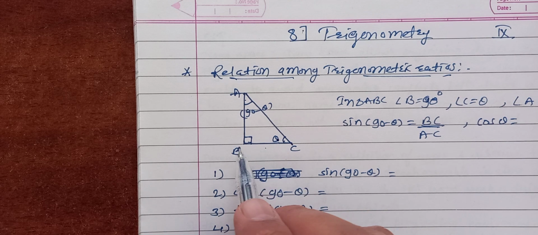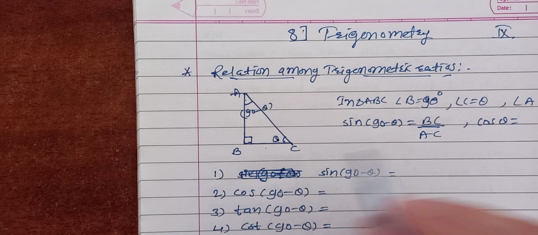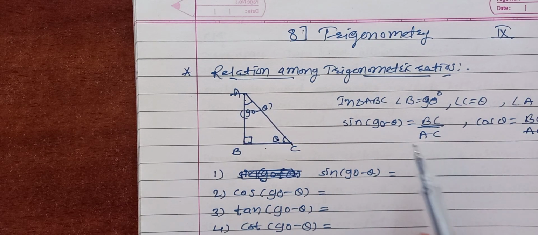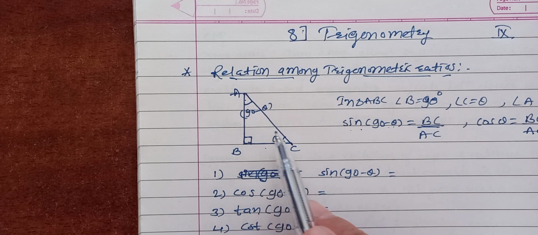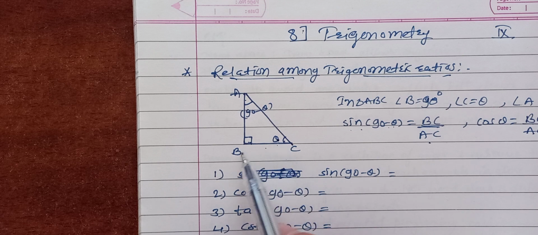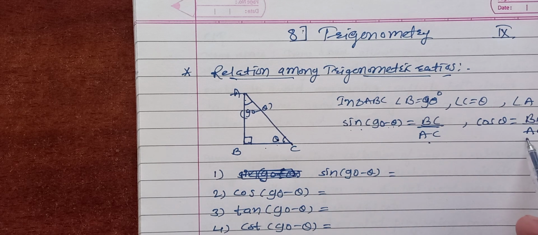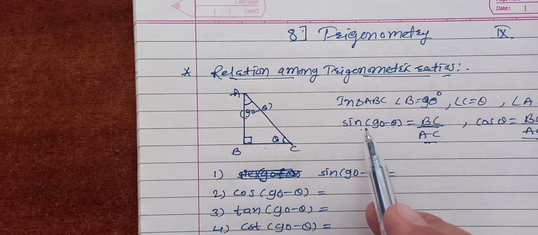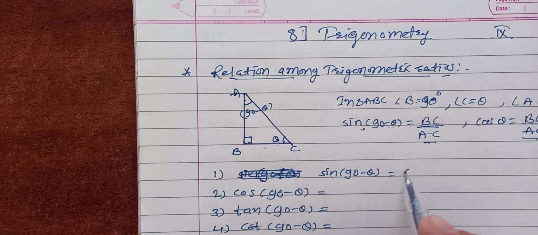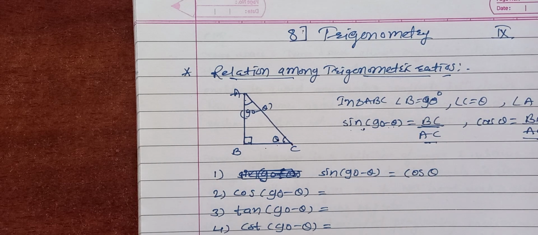It is adjacent side upon hypotenuse, BC upon AC. See this one. Sine 90 minus theta, we found this value BC upon AC, and cos theta is also BC upon AC. If the right hand side is the same, can we say this sine 90 minus theta is equal to cos theta? Yes.